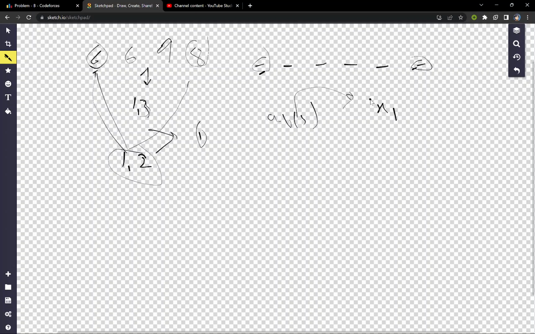X2 will be the maximum value for this pair, and x3 will be the maximum value for this pair. After this we can take the GCD of all the numbers, which will give the maximum value, because x should be satisfied for all the pairs, right? So this is all about the solution.